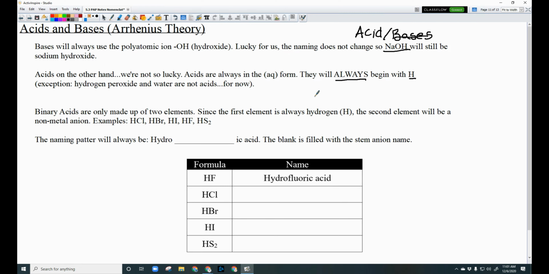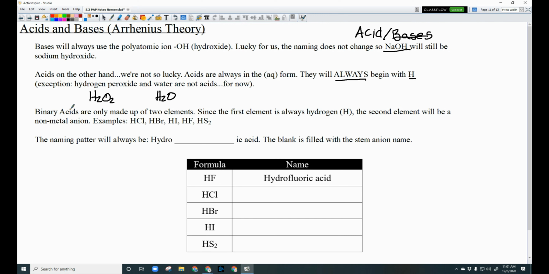There's only two exceptions. Hydrogen peroxide, which is H2O2, that's not an acid. And water, H2O, that's not an acid. Well, for now anyway. We are going to talk about water being an acid, but for naming, no, it's not. And I'll let you know when that comes up.